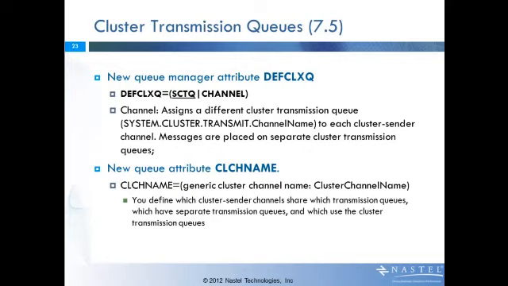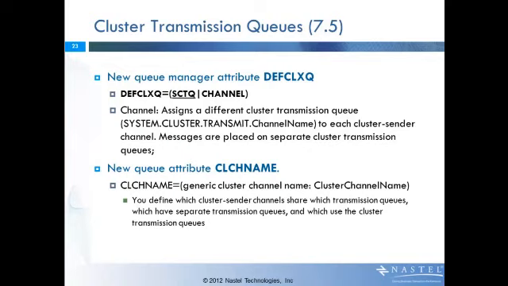There are two ways that you can do this. The first is at the queue manager level. There is a new attribute, DEFCLXQ, and you can see here the default is SCTQ, or it can have a value of CHANNEL. SCTQ stands for System Cluster Transmission Queue, that's my guess.